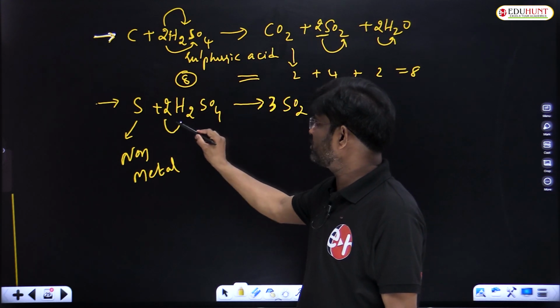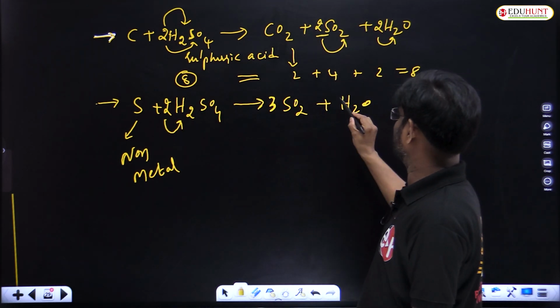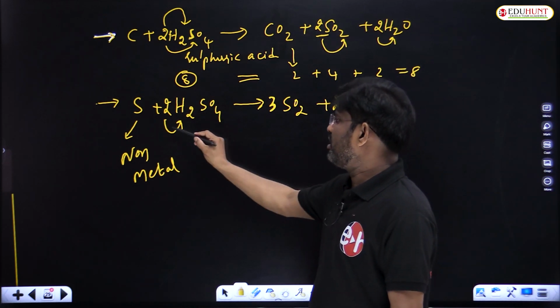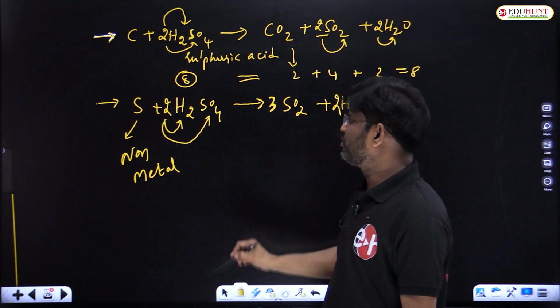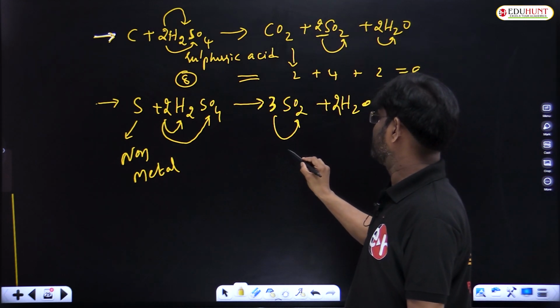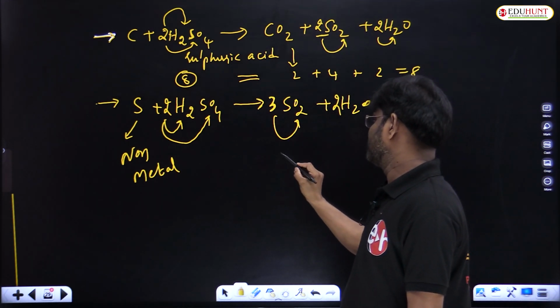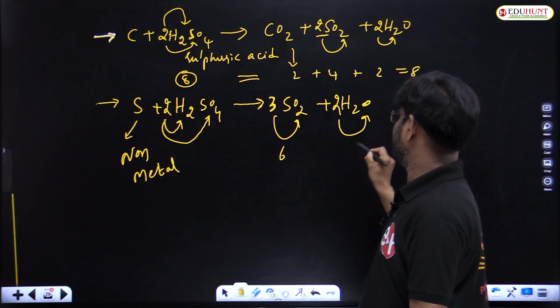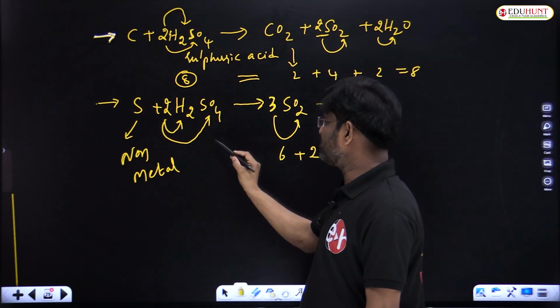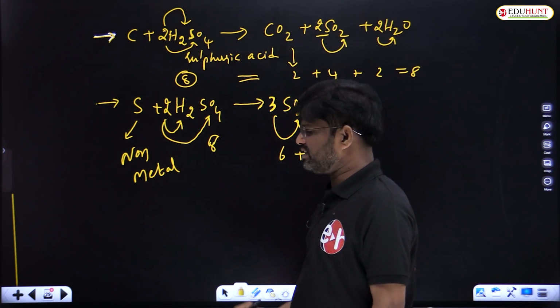Next, hydrogens: 2 2s are 4, here 4 hydrogens. Now oxygens: 2 4s are 8. Here 2 3s are 6, and here 2. Total 8. So here also 8. All are balanced now.